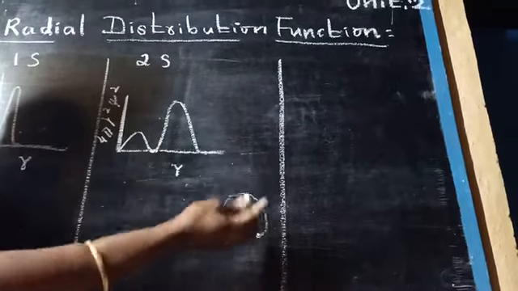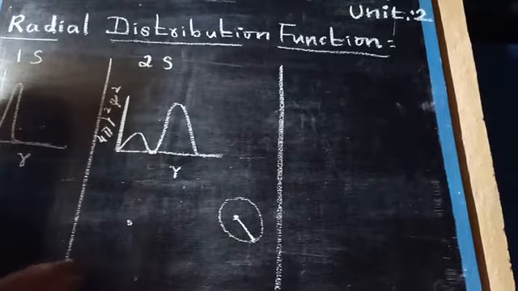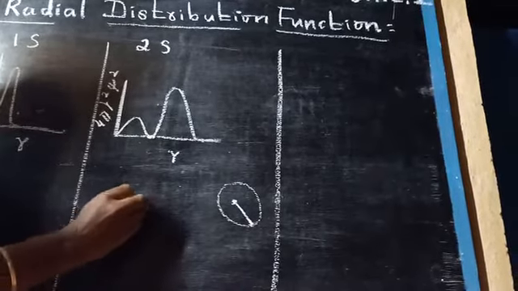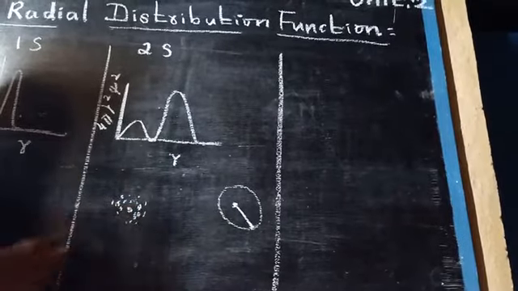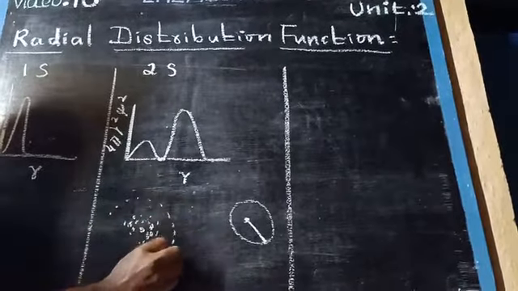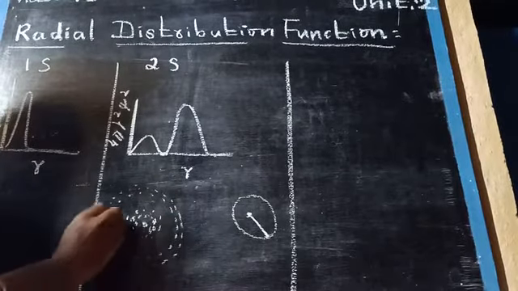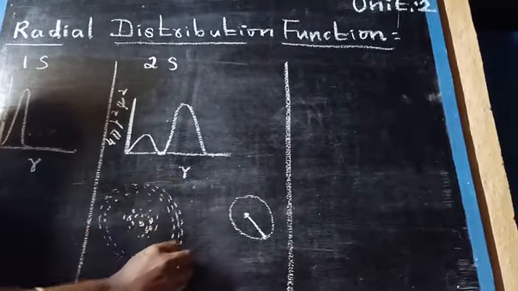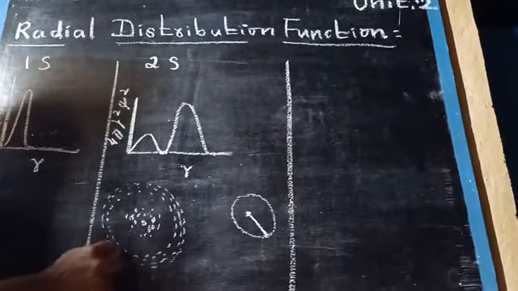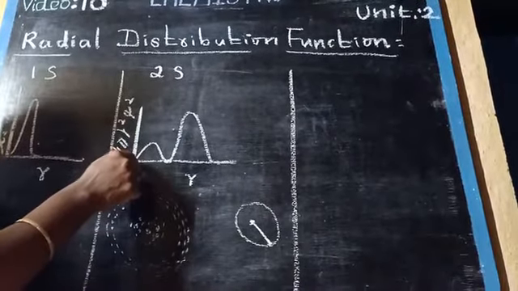Hereafter it denotes no electron. Children, from the center nucleus, the probability of finding the electron first increases to a maximum, then there is no electron, then the probability of finding the electron increases again. After reaching the maximum, hereafter there is no electron. This is what we get from the graph.